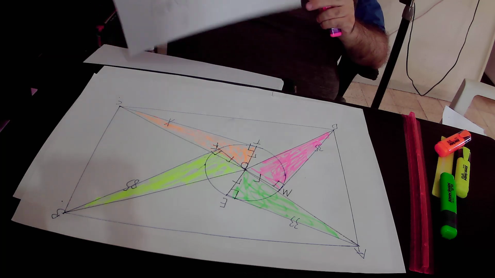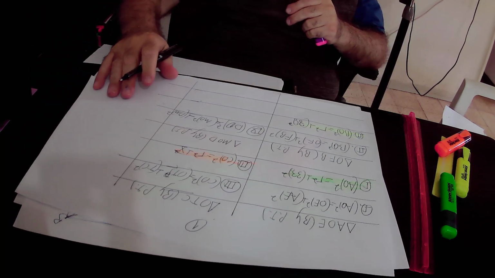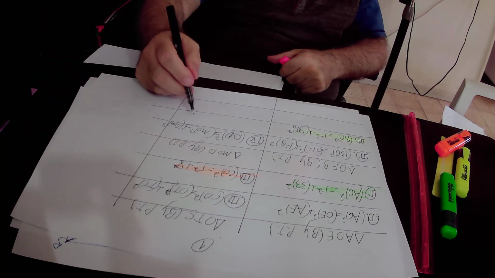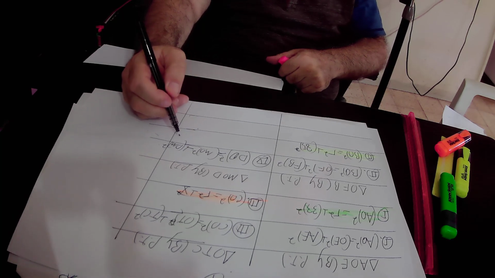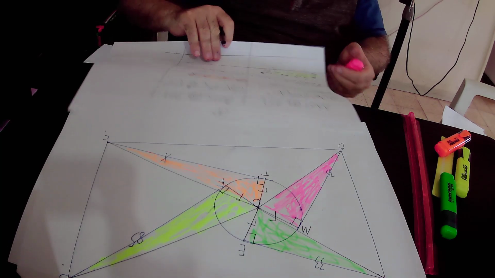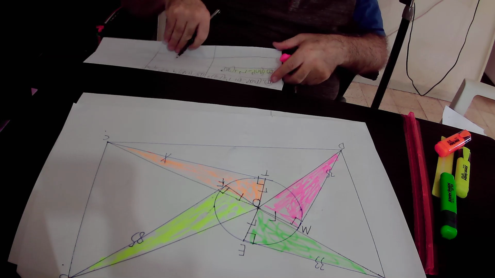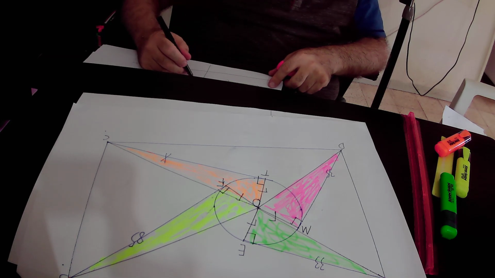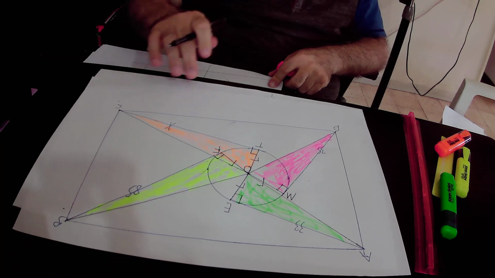Repeat again, according to the Pythagoras theorem, in the right pink triangle MOD, DO squared equals MO squared plus DM squared. So DO squared equals MO squared.